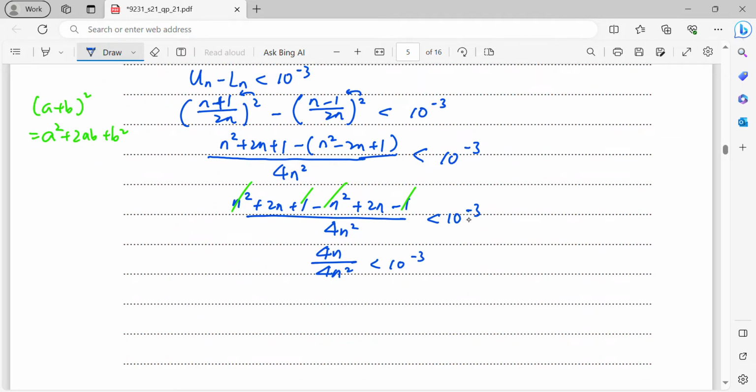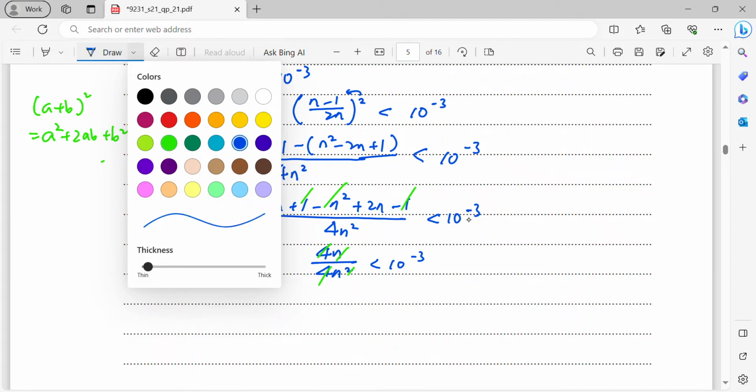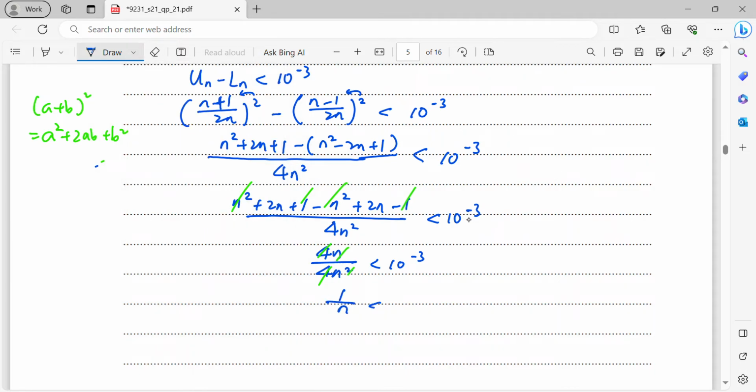Then the 4n will be cancelled off from numerator and denominator, but I still have the n in the denominator. So now the n moves up, and that means it will be n over here, less than 10 power negative 3 moves down.